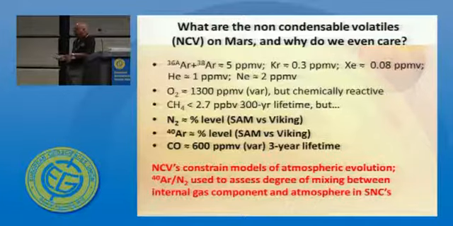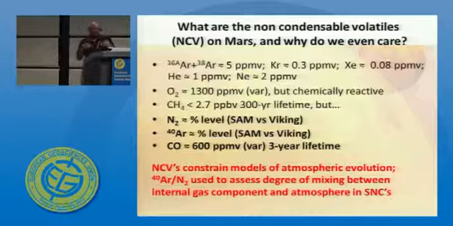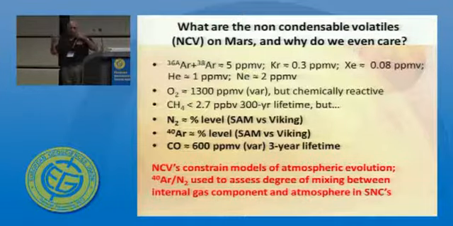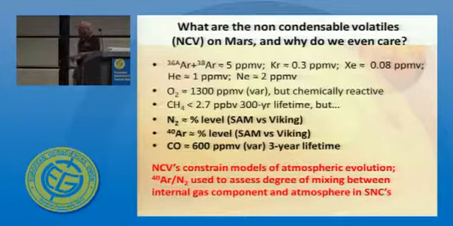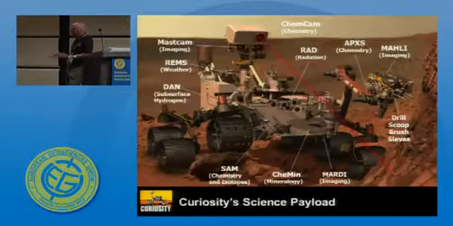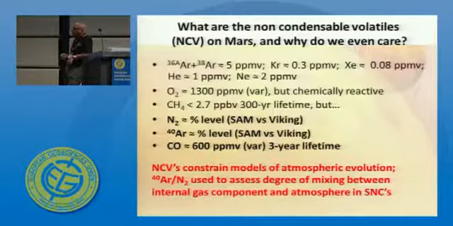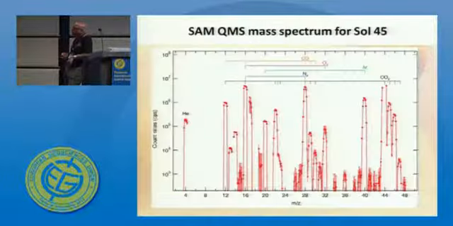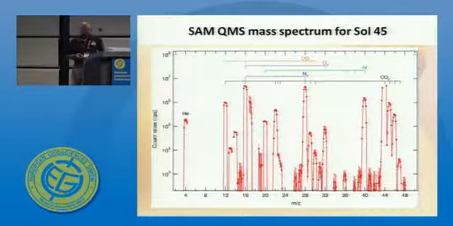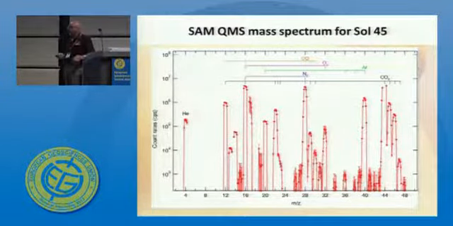The ratio of argon-40 to nitrogen is also used to assess the degree of mixing between the internal gas component and the atmosphere that's incorporated in the shock melts of the SNCs, the Martian meteorites. So it's really important to know the composition of the non-condensable volatiles in the atmosphere.